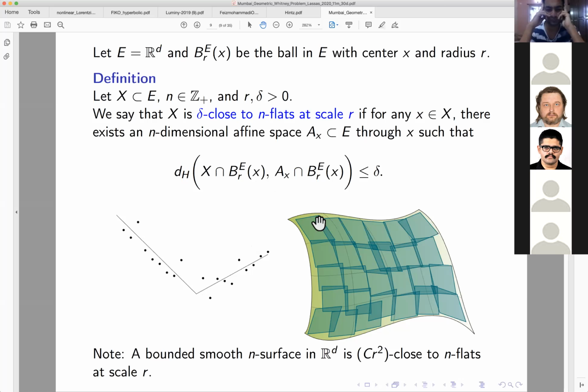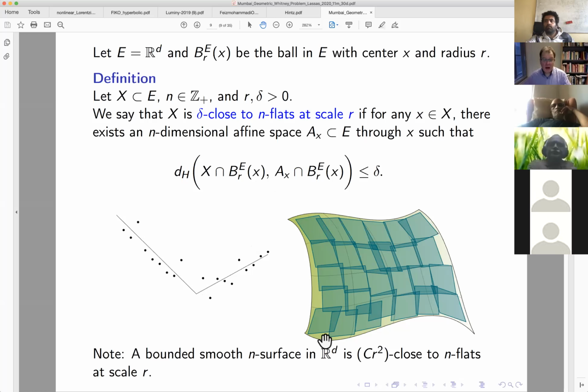And if we originally have a smooth surface in R^D, then it is possible by using local tangent spaces to approximate the surface with delta. Actually, the smooth surface using this definition is delta close to n flats when delta has the value of some constant that is related to the second fundamental form times R squared. So this is the definition of how we have a test if the set is locally close to affine spaces.